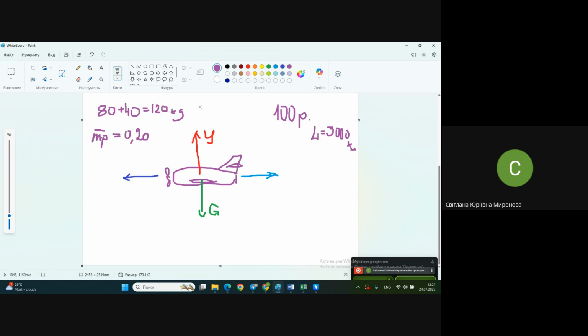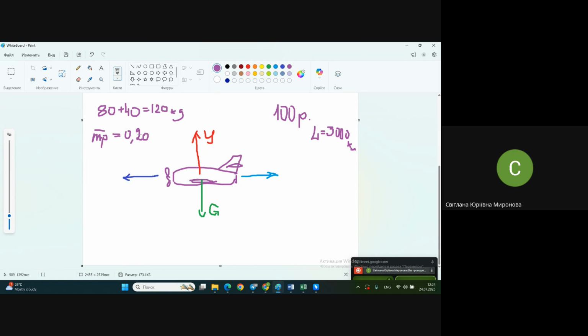Other 80% is the weight of the structure itself, the engine, crew, fuel, navigation equipment, radio equipment, and so on. Altogether, 80% is the structure of the whole airplane with equipment, and 20% are our passengers.